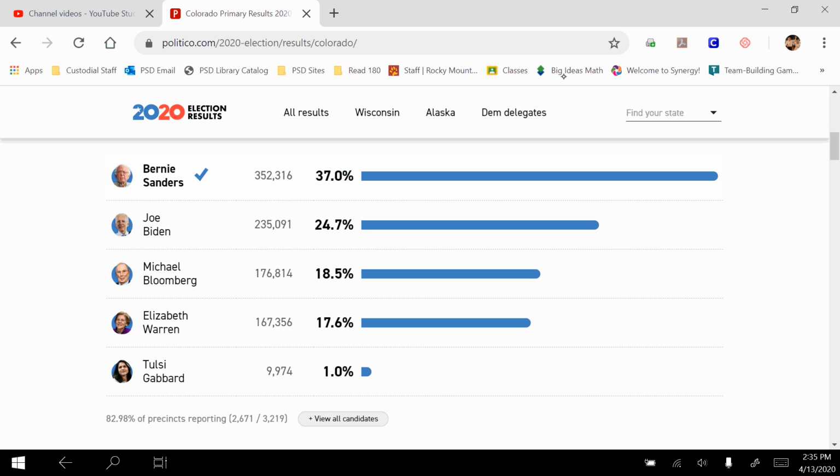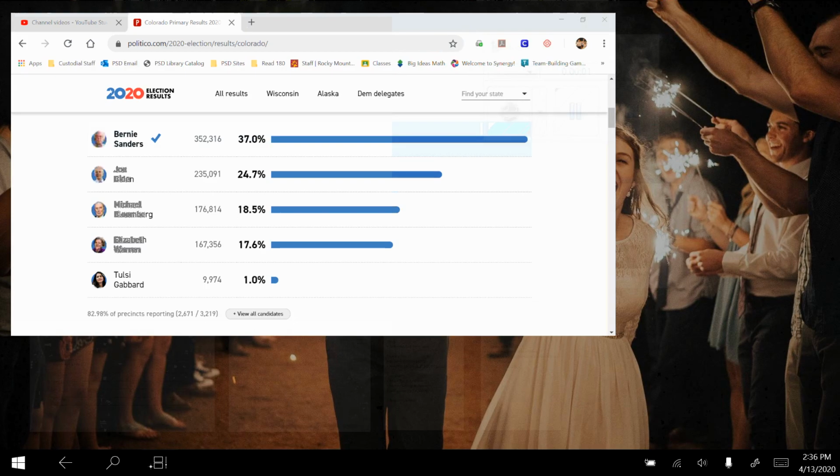The crazy thing about this, though, is that 37% means that 63% of people voted for somebody other than Bernie Sanders. Yet he won the presidential primary in our state. And that's strange. Based on the fairness criteria, our gut might say, oh, I don't really know about that. But this is how many elections in our country are held, on a first past the post voting method.